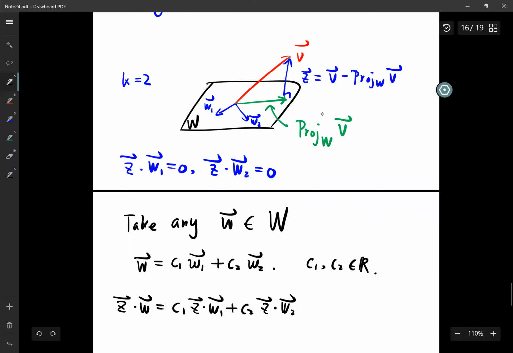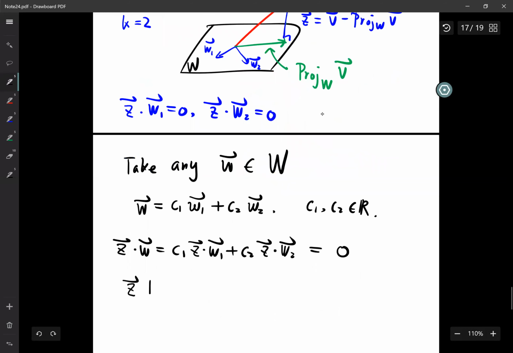I have already known that Z is orthogonal to the two bases, and therefore this is 0, this is 0, so this is 0. So Z is orthogonal to all the w in that subspace. Is that clear? Thank you. Okay.